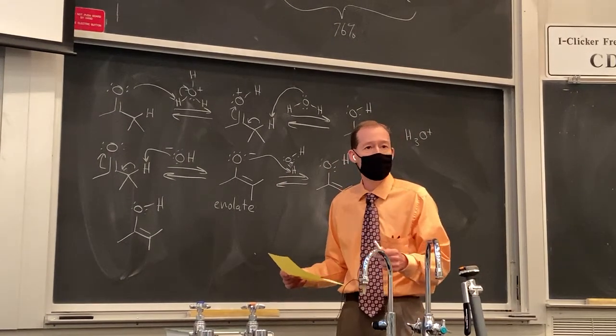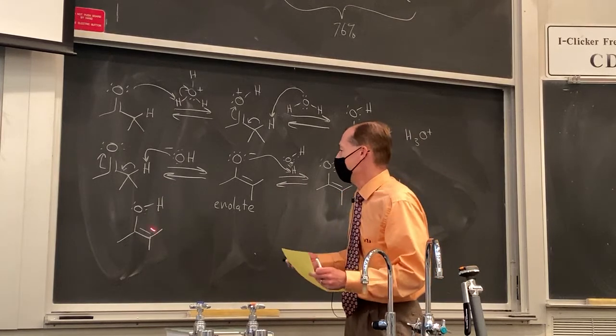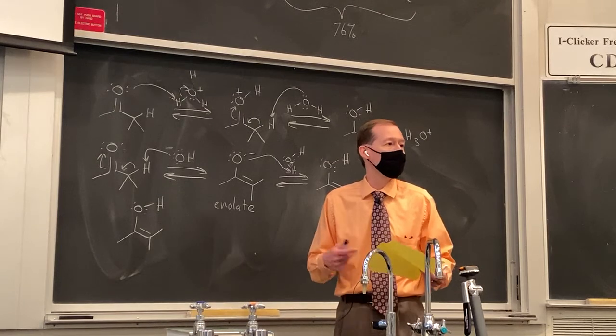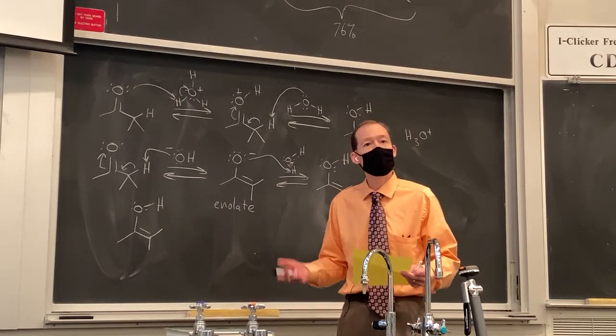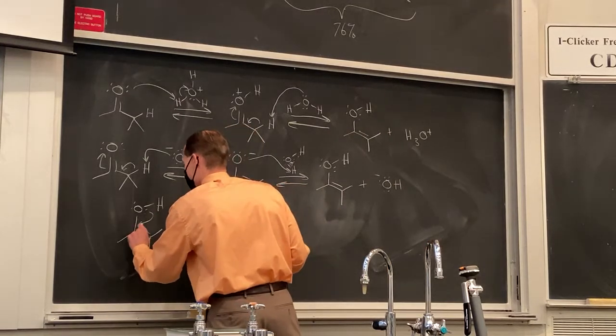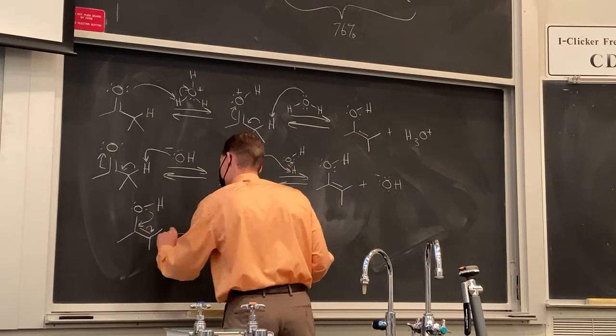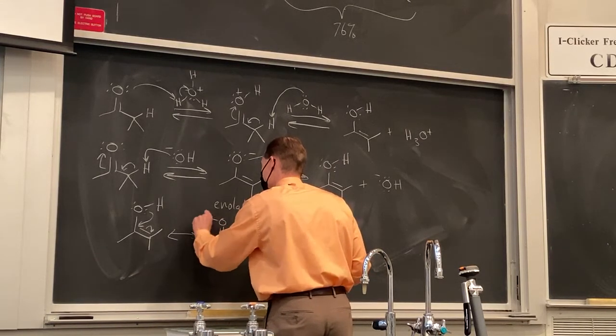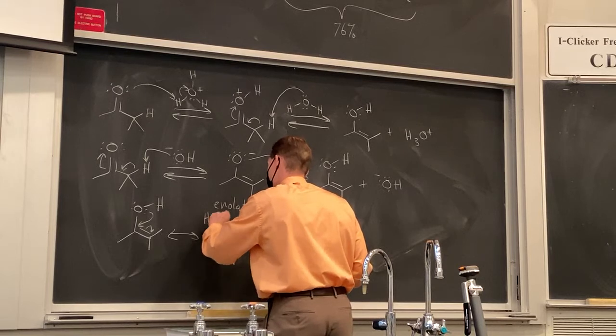So the enol has lone pairs adjacent to a pi bond. Anytime we have lone pairs adjacent to a pi bond, we have the ability to draw a resonance structure. Okay, in this case, the resonance structure we're going to draw of the enol is going to be a minor contributor because it will have charges.